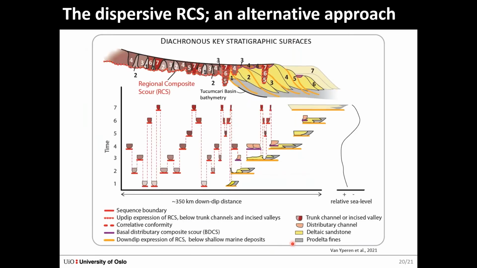And we can illustrate this in a different way with this Wheeler diagram. So here you see again the simplified profile. The numbers relate to these time steps, and then we have the relative sea level curve. So for instance, if we look at T1, we have these fluvial trunk deposits, and the sediment that's not stored here feeds this clinothem here.